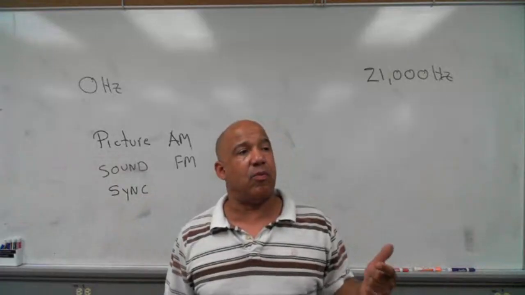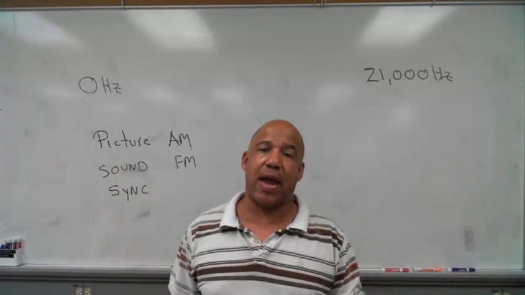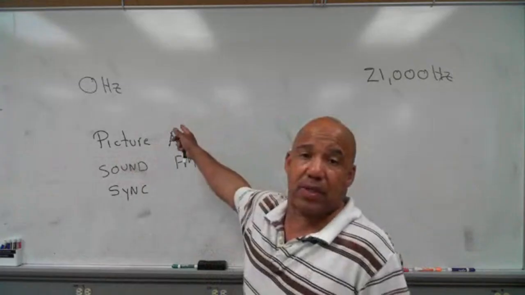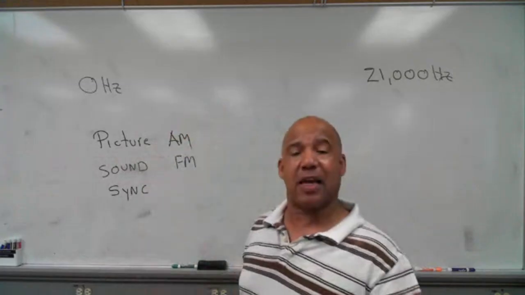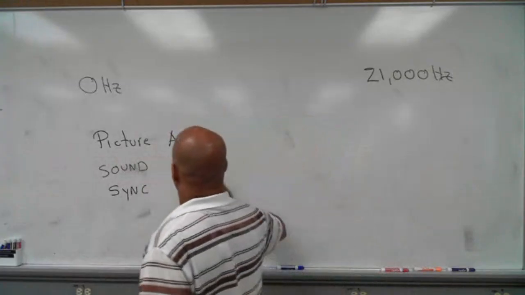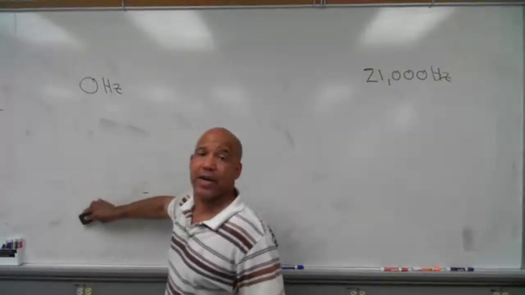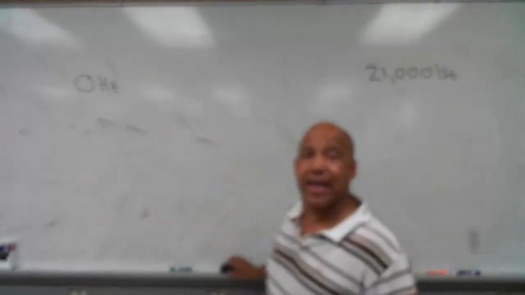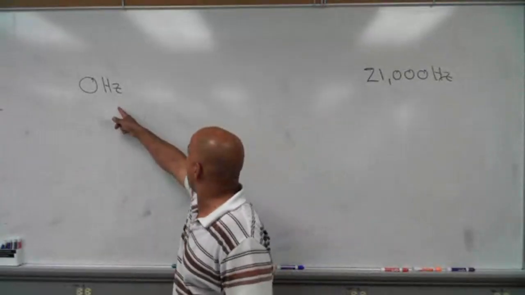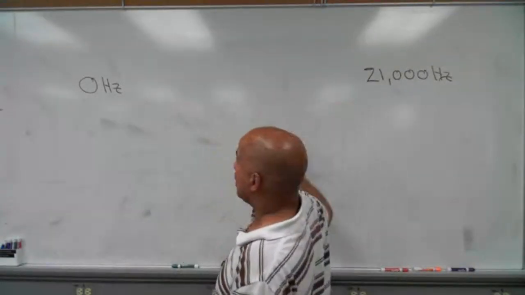Having said that, what does that do for graphs? What if you want to make a graph of the audio frequency? Let's say we make a graph of that. Think about what your graph would look like. You've got two choices. You've got to graph a number from 0 to 21,000.